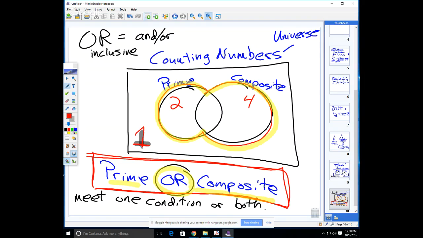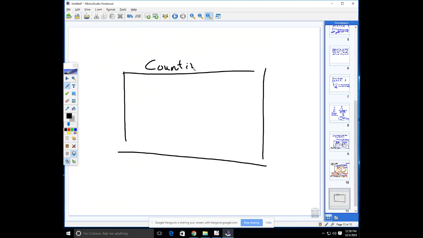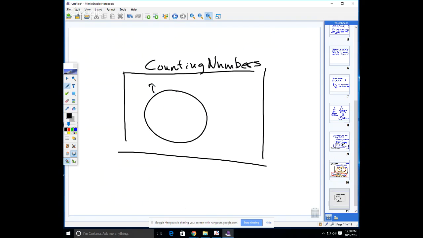All right, let's try with a slightly different group of numbers. Let's try a Venn diagram, counting numbers again, and we'll stick with the prime set again. This time, instead of composite, let's do the even numbers.